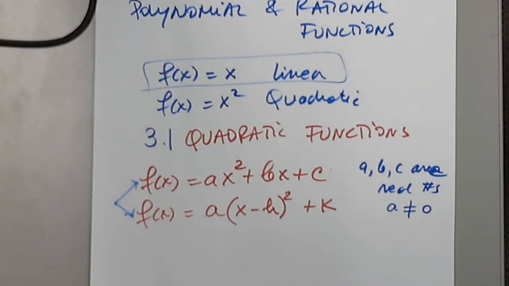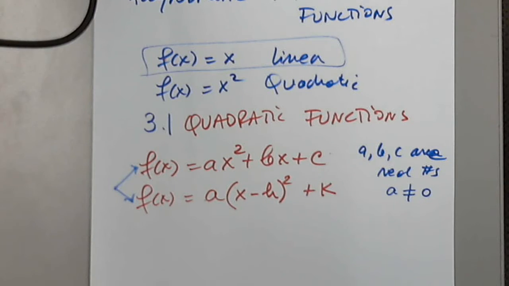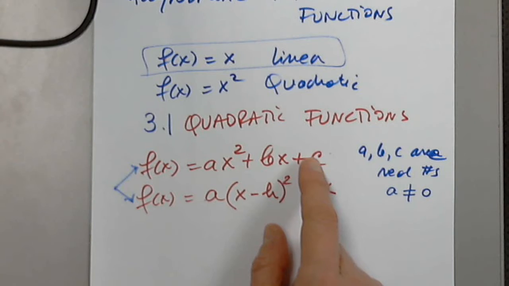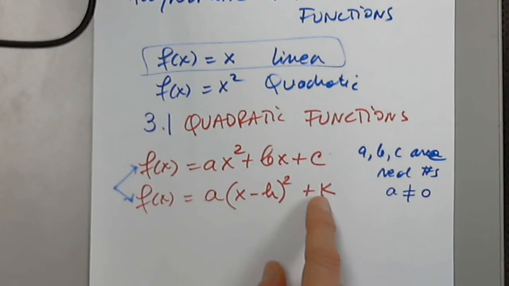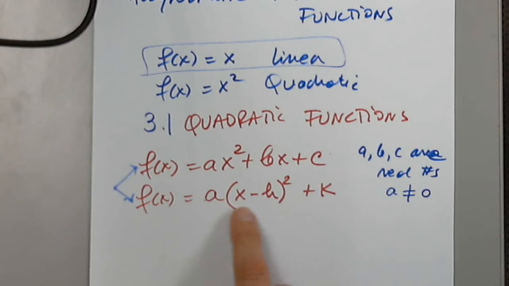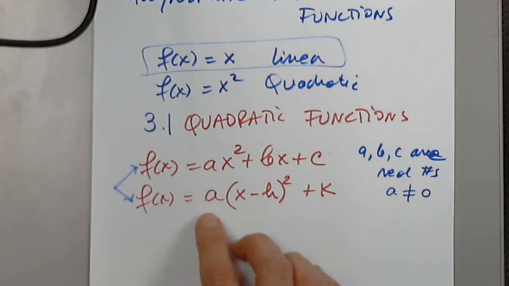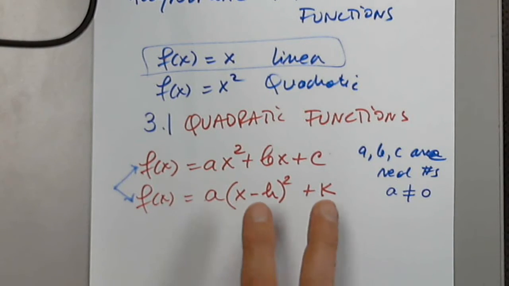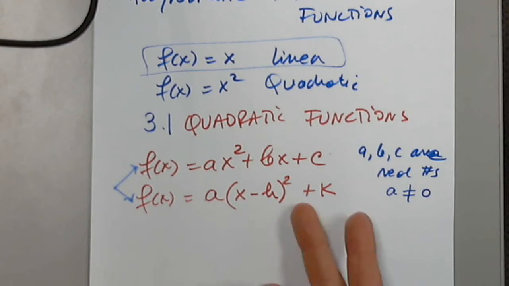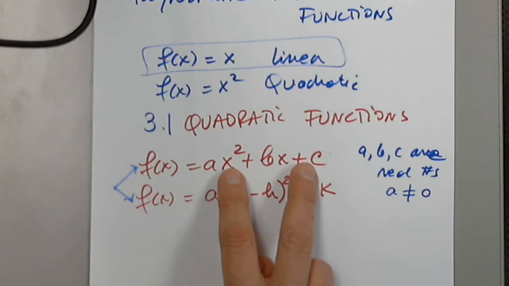What is the procedure called? Exactly. So this one does not have the square completed, but this one does. So it's not such a big deal. It looks more sophisticated than this one, but it's the same thing. So if you give me any quadratic function, I can complete the square and make it like this. If you give this to me, I can expand it and give you that back.